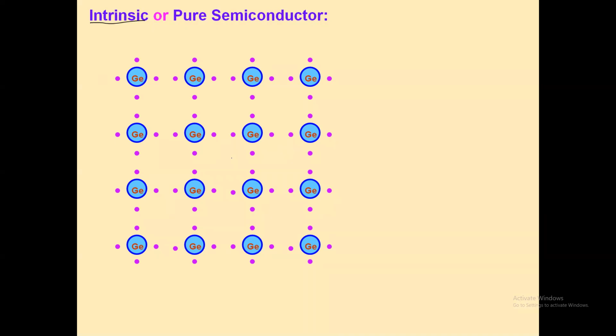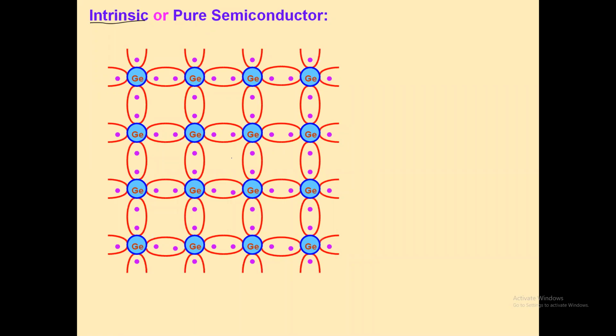In this way, covalent bonds are created between the germanium atoms. So this is the crystalline structure of germanium.